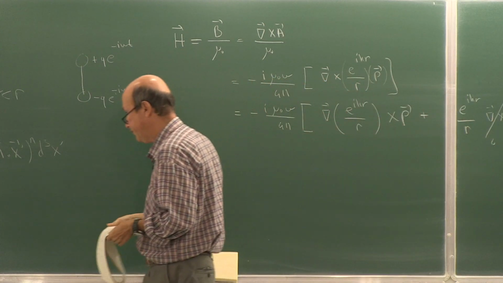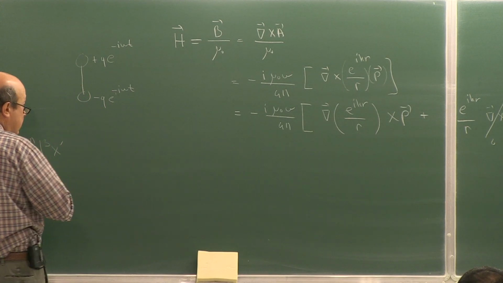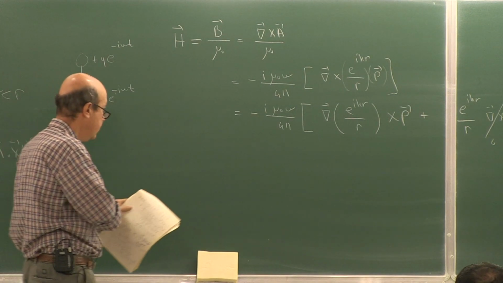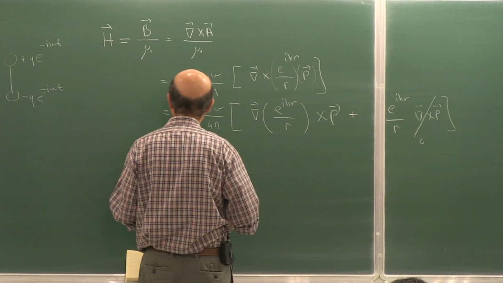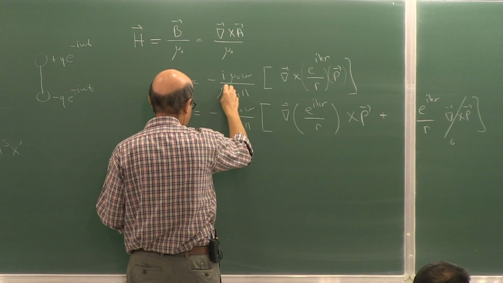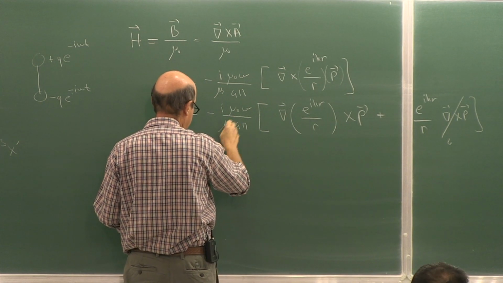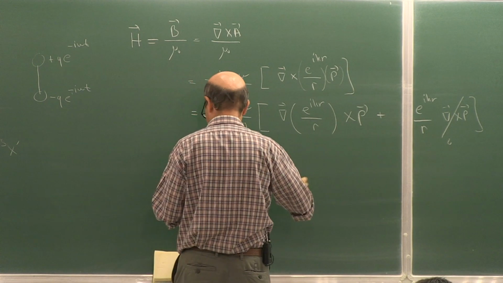So if you calculate the gradient of e to the i k r over r, what are we going to obtain? I forgot to write the mu 0, so that will be cancelled.